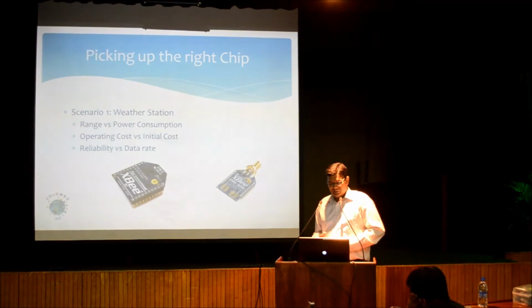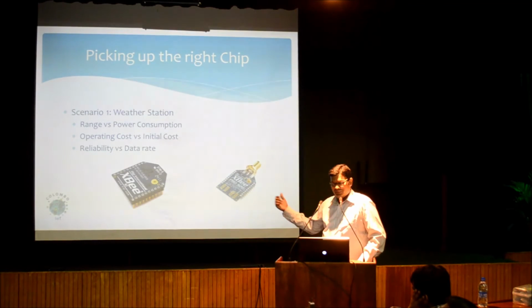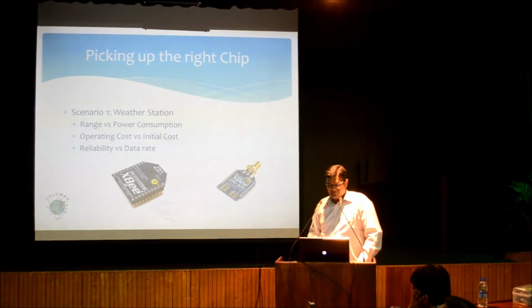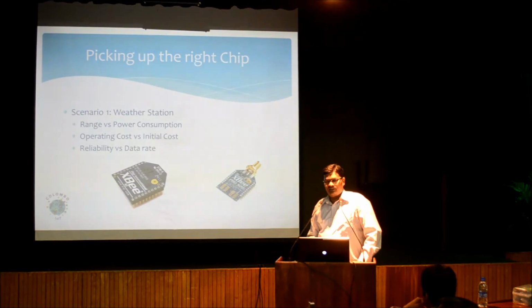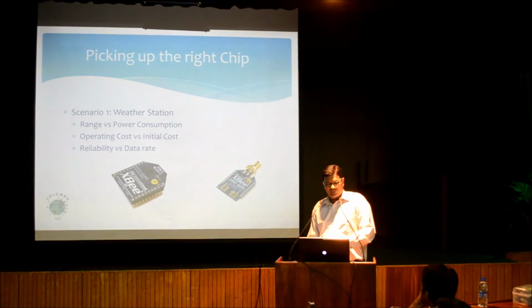Again, the first image is a simple Wi-Fi based XBee module, and the other one is an XBee Pro module, which is a 28 mile range RF module. I'll skip this because these kinds of comparisons are available on the web if you search for them.